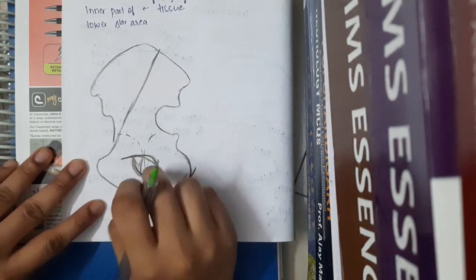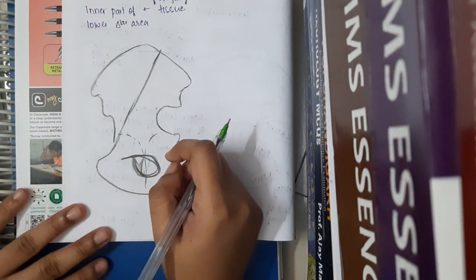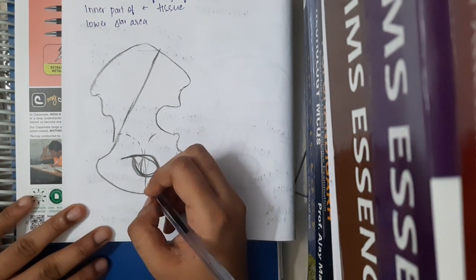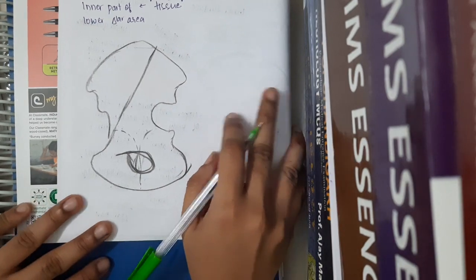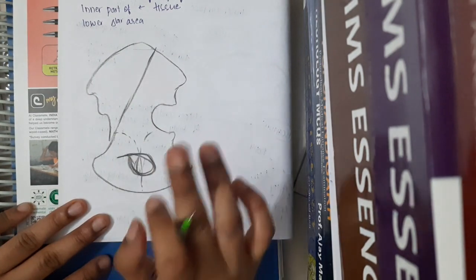In the ischium, if you see the borders, you have an anterior border. The anterior border forms the posterior margin of the obturator foramen. So this is the obturator foramen.